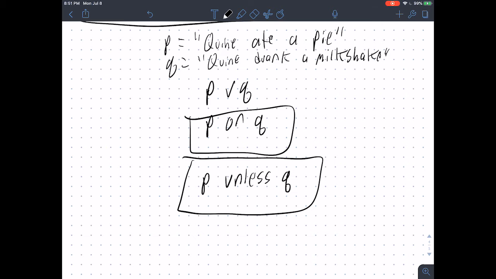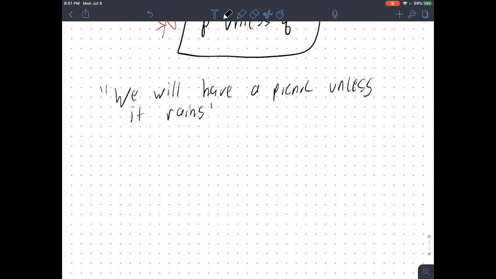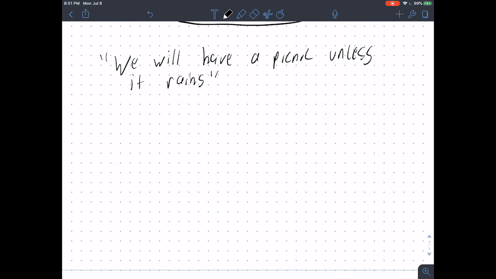I'm actually going to real quick explain why I think that's crap. So consider a sentence, and this is another example from the book, or I have this in a footnote. Consider the sentence, we will have a picnic unless it rains. Right? So I'm going to need the truth table for alternation to explain to you why unless is sometimes a bad translation.